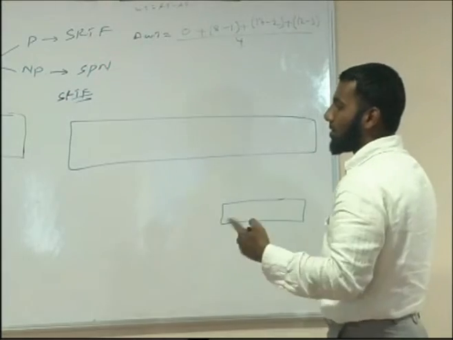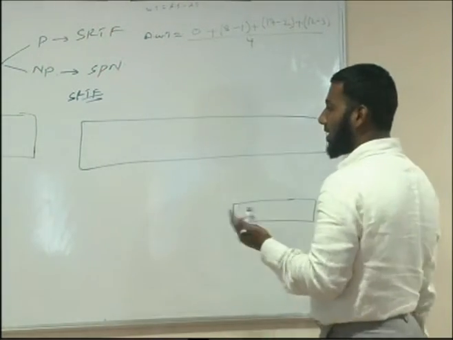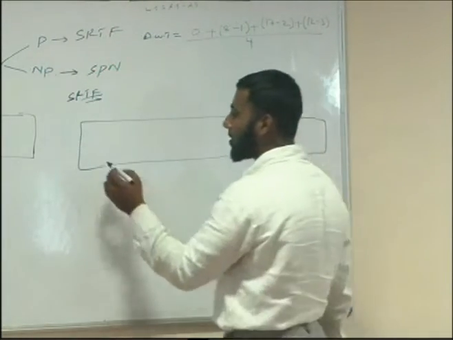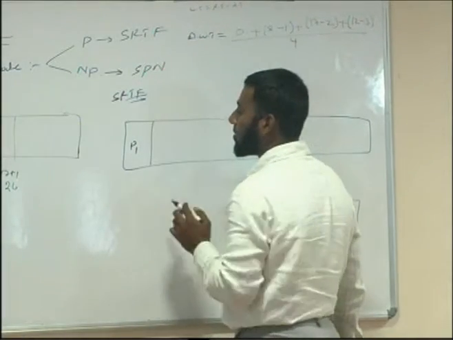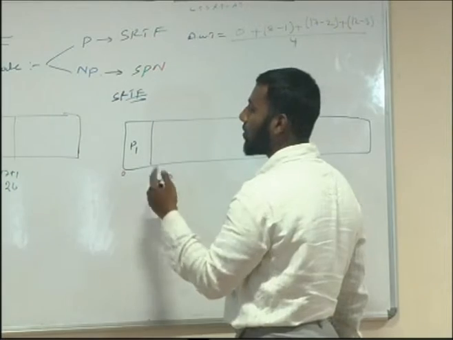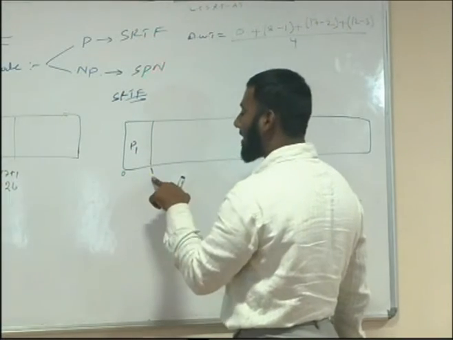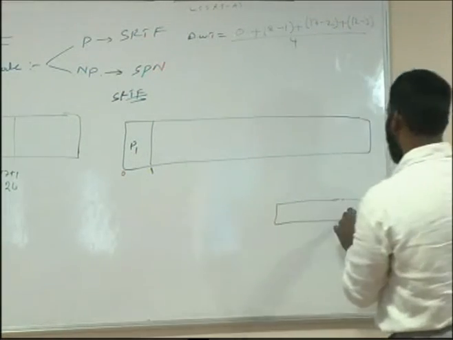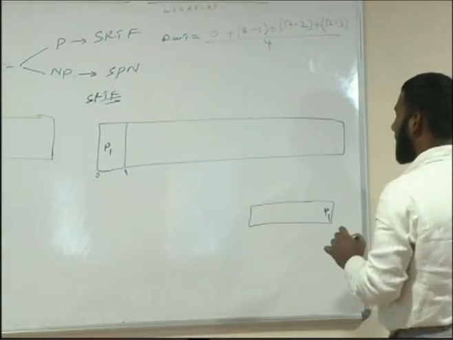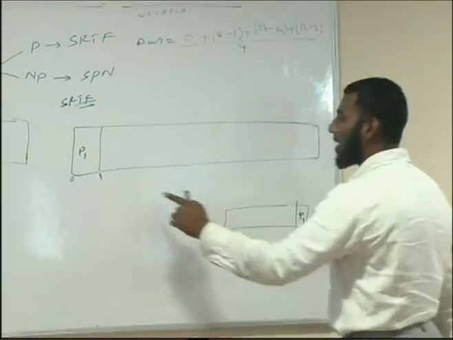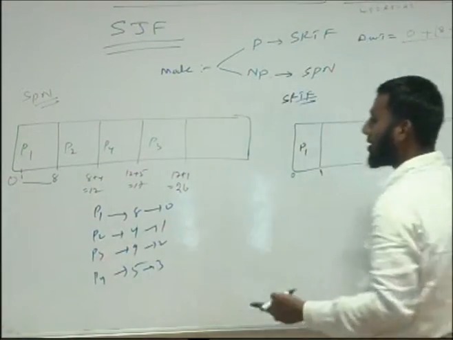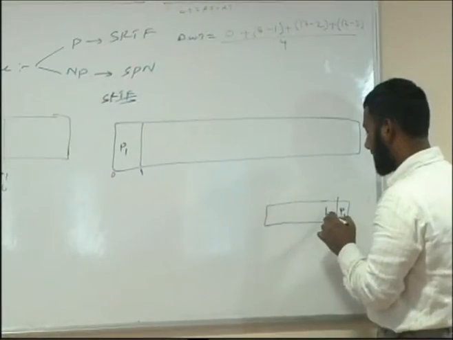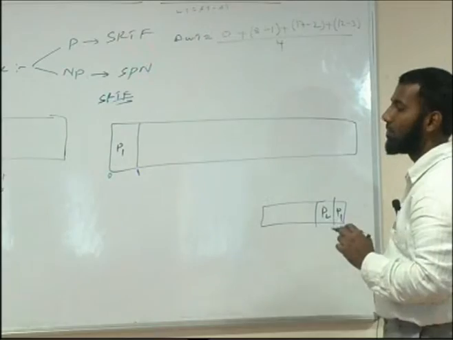So this is the table we have, right? Now what happens at time 0? Nobody is there, so process P1 is submitted to the system. When process P1 is submitted at time 0, it will execute for 1 unit of time. At time 1, another process, P2, enters the ready queue. Okay.